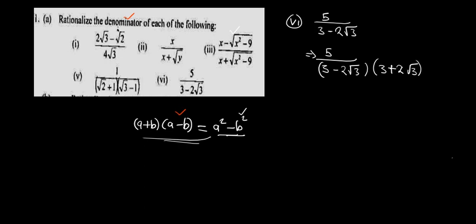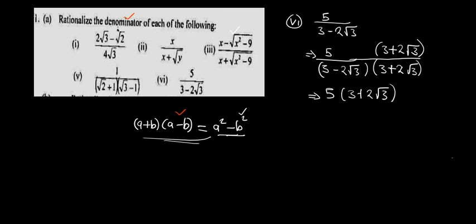Okay, so the same thing we do also on top. This is the conjugate, so 3 plus 2 root 3 like that. So that will multiply, that will still give us 5 open bracket, if we don't want to distribute, 3 plus 2 root 3.